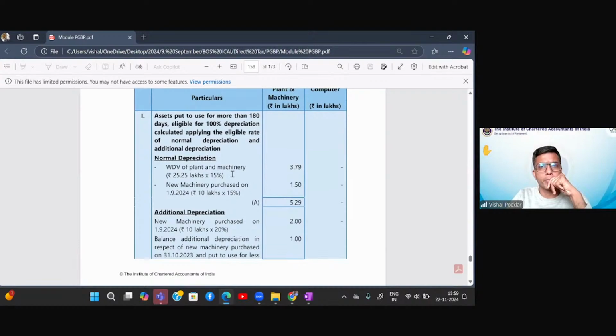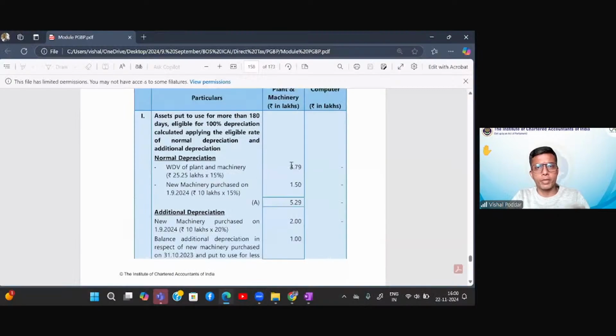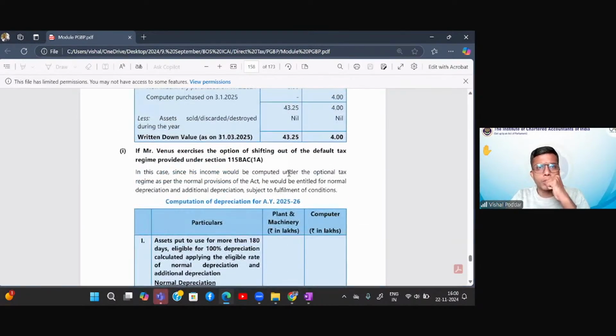Okay, first in normal depreciation, 25.25 into 15 and 10 into 15. Okay, that is fine. We have 35.25, but they have only 25.25. What is the difference? How much is WDV?